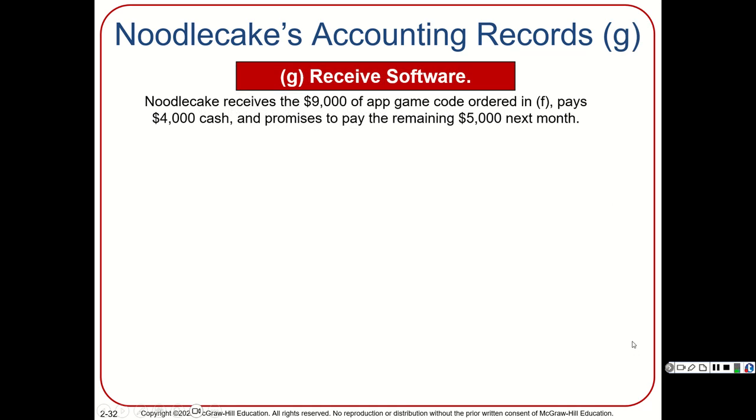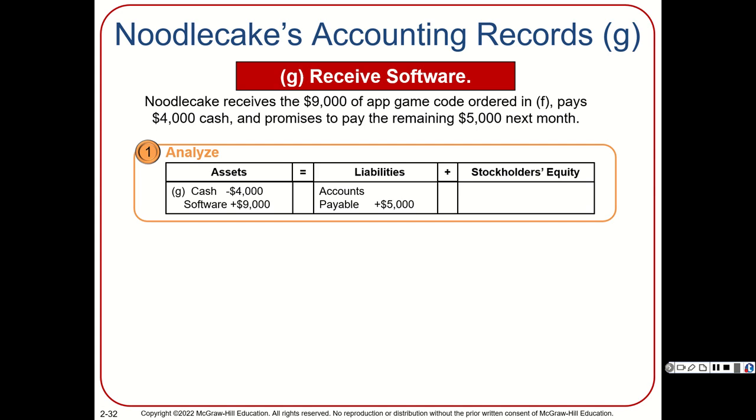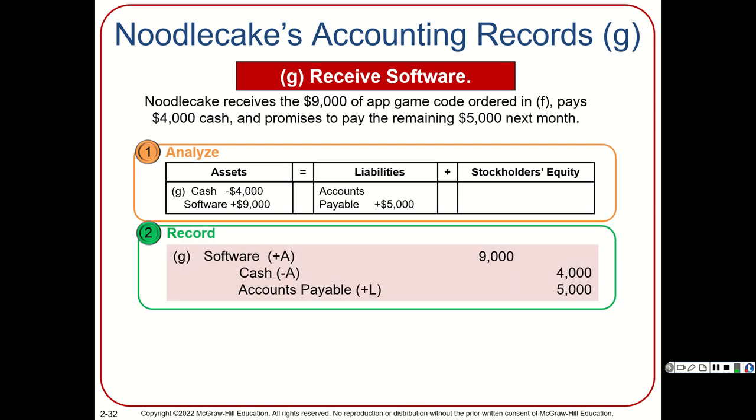Noodle Cake receives the $9,000 that was according to the contract, so the value of the software is $9,000. And they pay the $4,000 in cash. We've talked about this. Your debits on one side, credits on the other, or increases on the asset side, decreases on the liabilities, or decreases on assets, increases on liabilities.